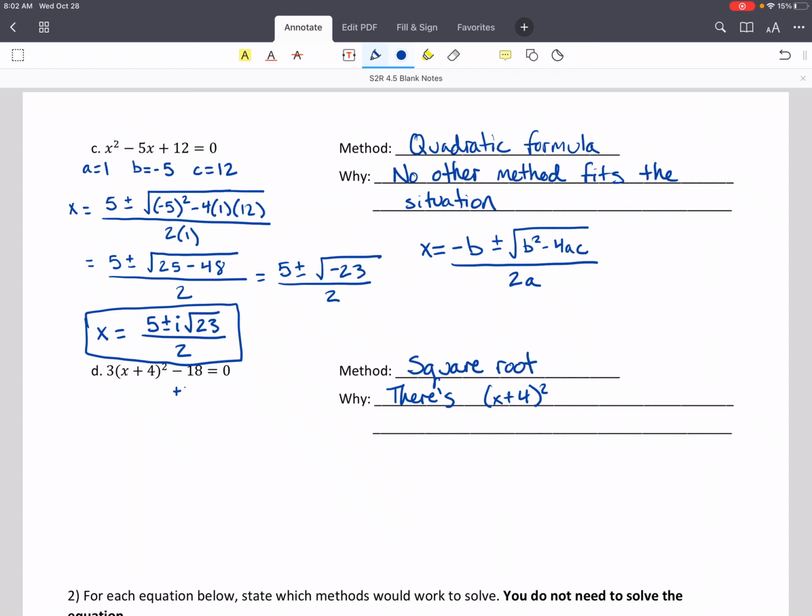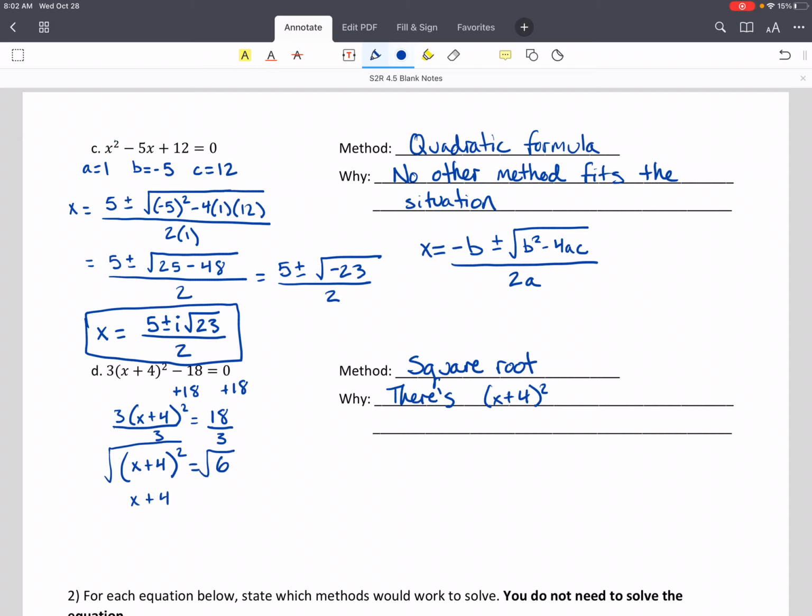So I'm going to start by adding the 18. And now we're going to divide by 3. And now we're going to take the square root.